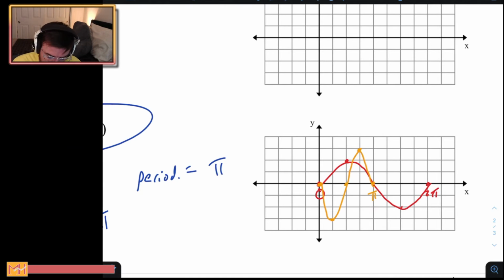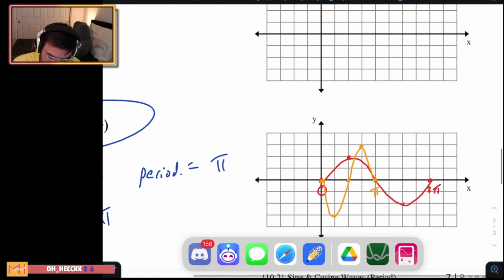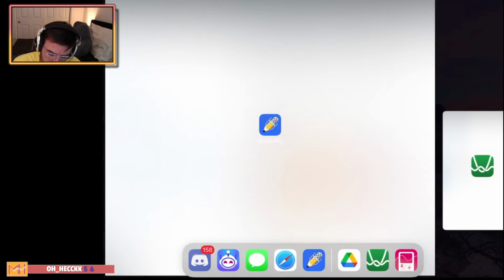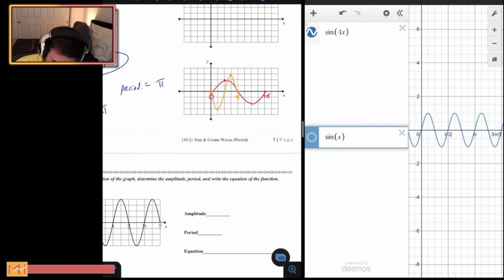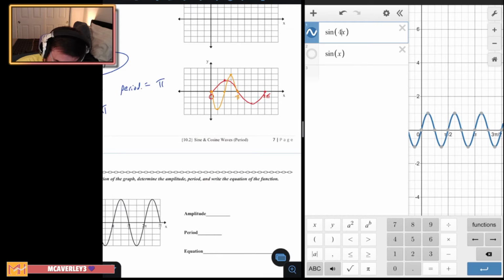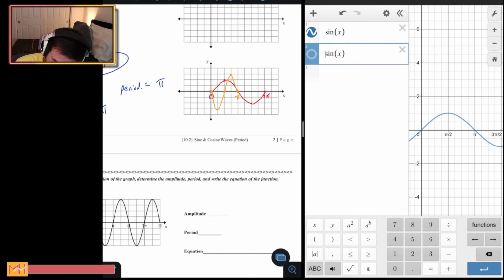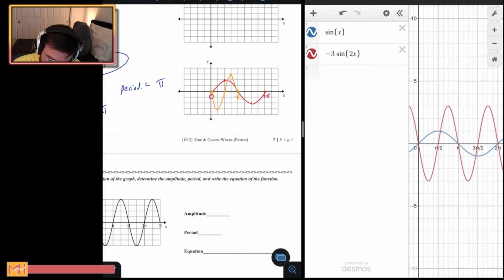Okay, you can punch Desmos and see all of this in action, so let's just punch this one in for grins here. We've got our sine x, and then let's make this -3 and 2x. You see that?